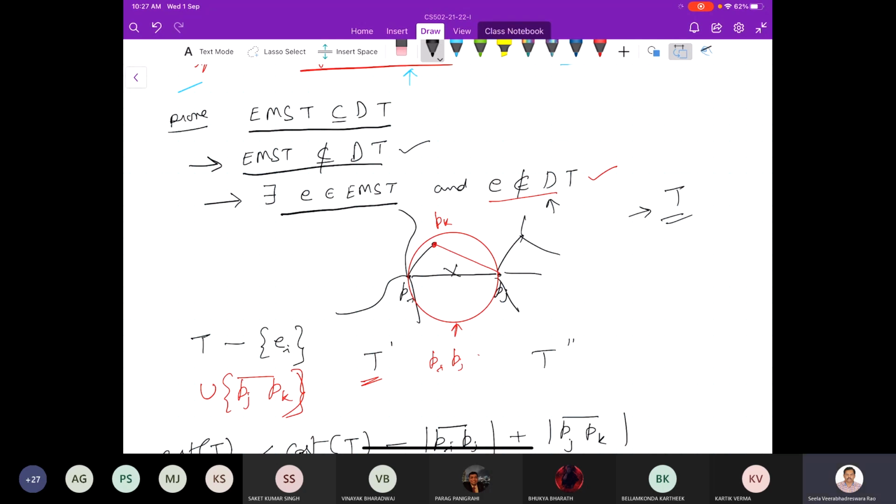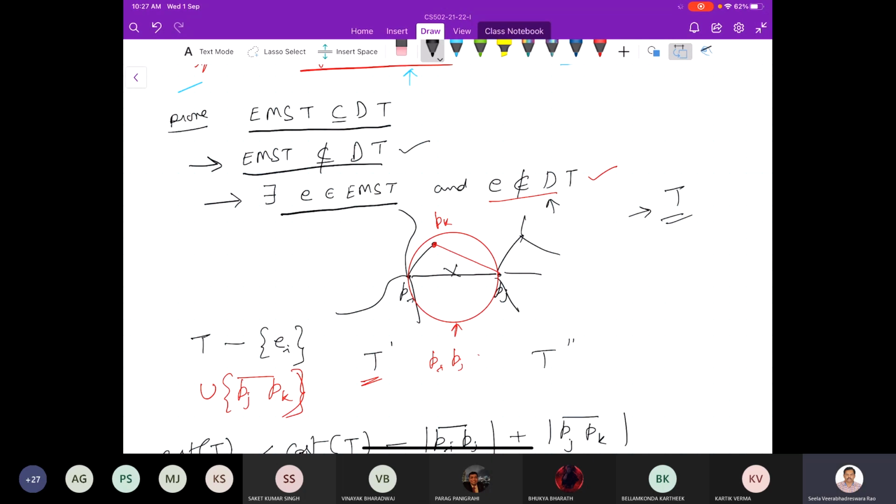Now, this edge does not belong to Delaunay triangulation. That means if you take any circle passing through these two points, there is always another point inside it. So we'll take one circle with PiPj as a diameter.